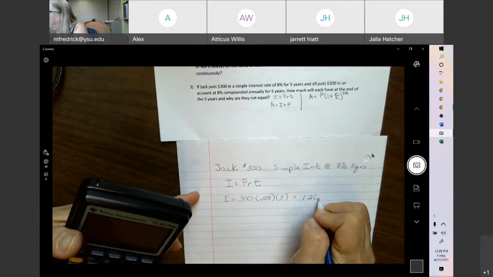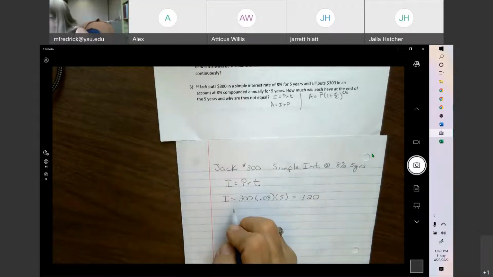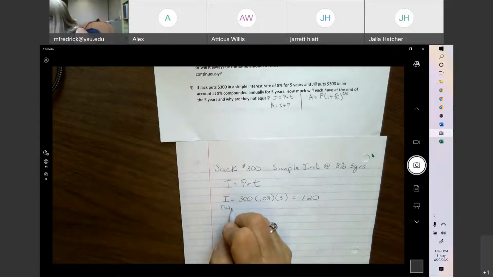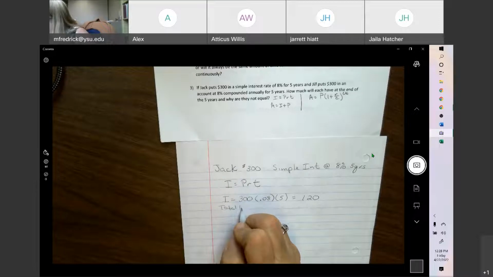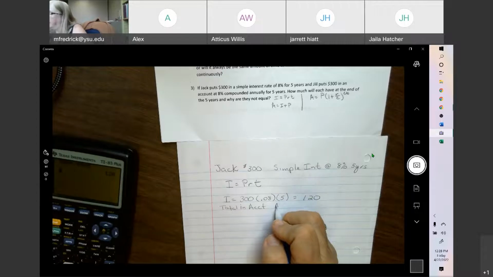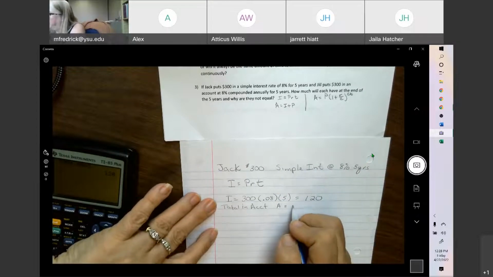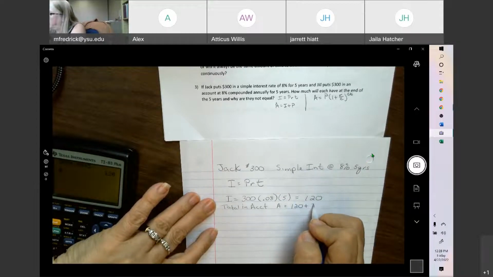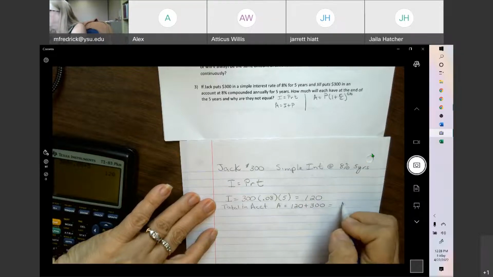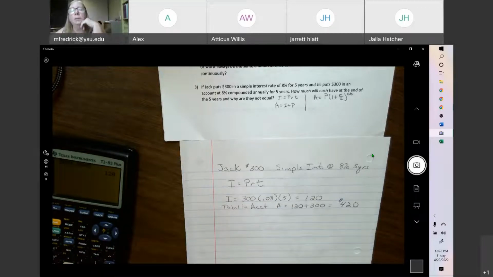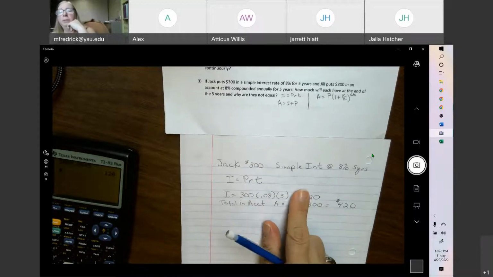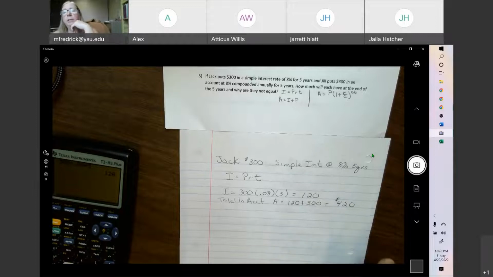We're making $120. The total in the account is A. It's your interest plus what you started with, so it's $420. So if Jack puts 300 in a simple interest, at the end of 5 years, he'll have $420. Any questions on that?